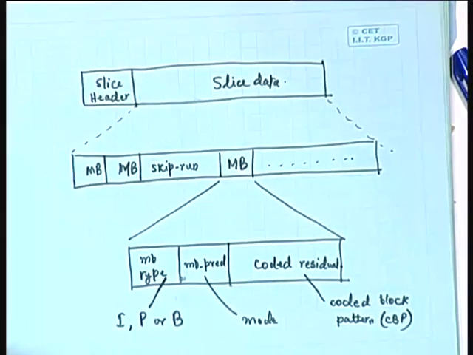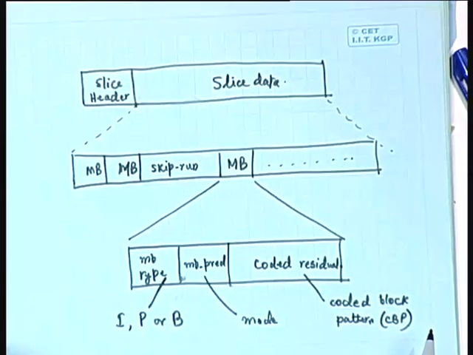Now, how many blocks, that is also flexible, because a macro block is a 16 by 16 luminance, 8 by 8 chrominance from the 2 chrominance channels, whereas 16 by 16 itself may contain up to 16 luminance blocks, or it could be less than that depending upon how we partition the macro block, whether we have a single 16 by 16 or 2 16 by 8 or 2 8 by 16 or 4 8 by 8, and every 8 by 8 again can be partitioned, as I already mentioned.